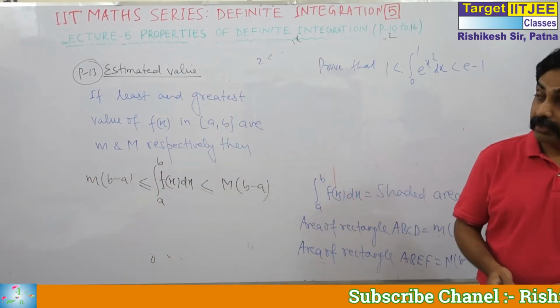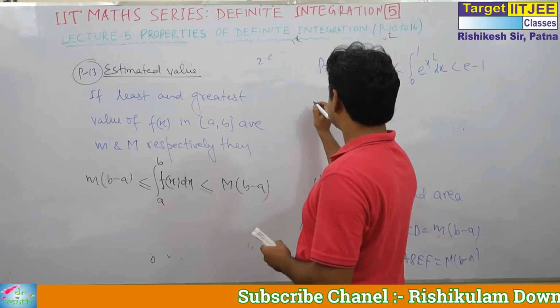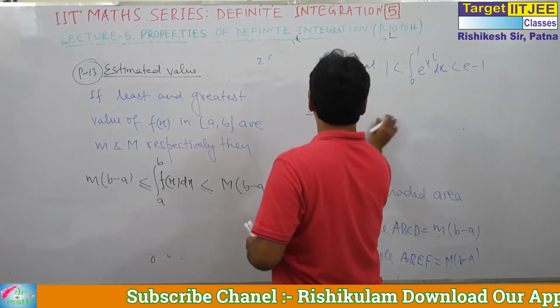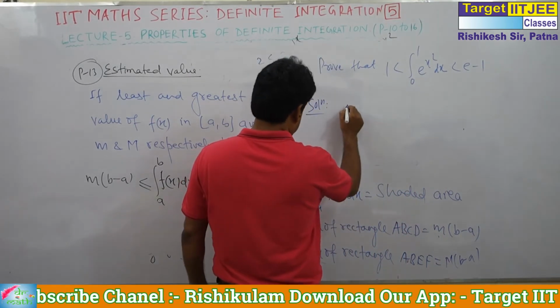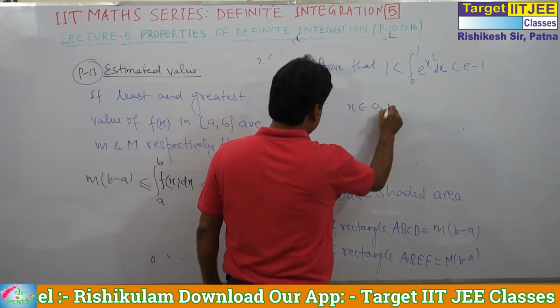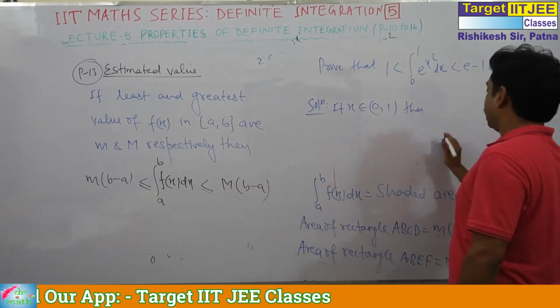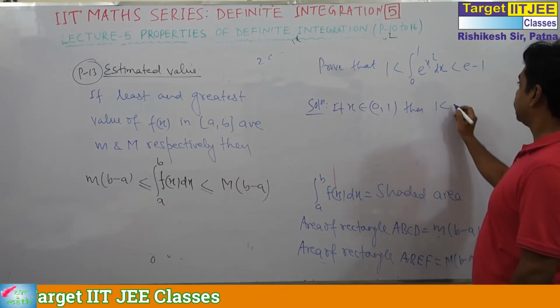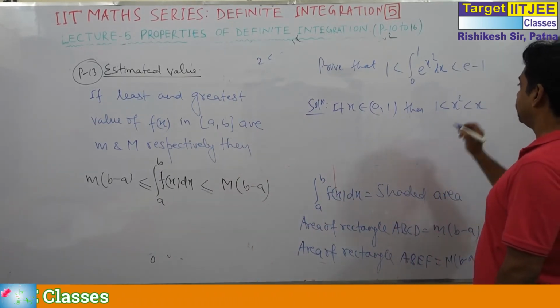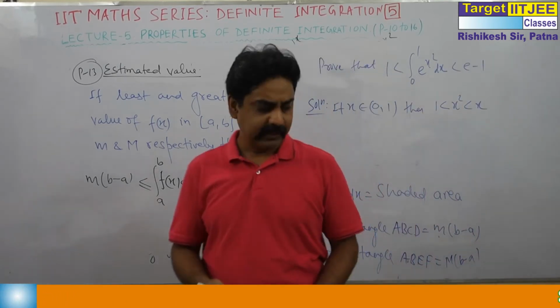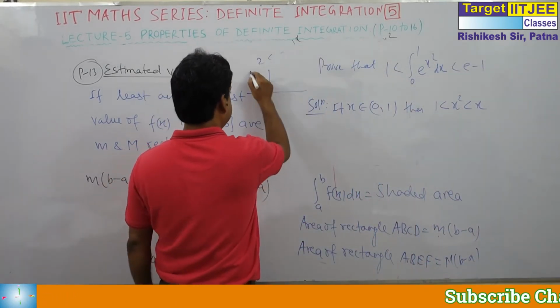How? Let's see the logic. If x belongs to 0 to 1, then x square is less than x. Is it correct? Yes, this is correct. You can also get it by graph.